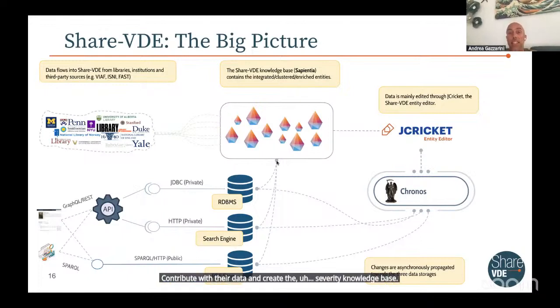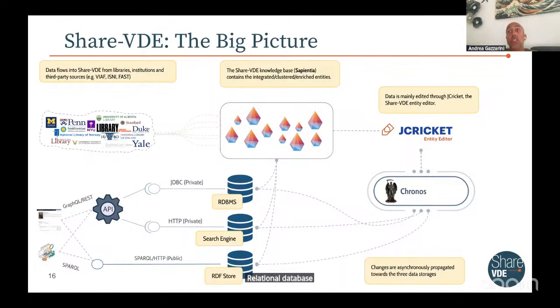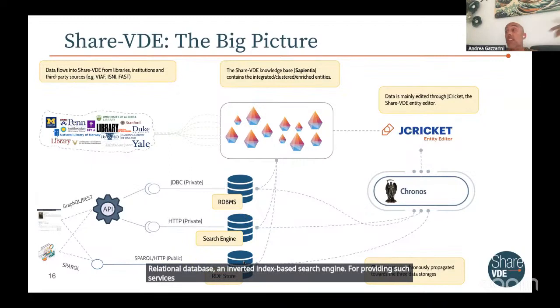The ShareDB knowledge base behind the scenes is composed of different kinds of storage: a relational database, an inverted index based search engine for providing search services, and an RDF store that contains RDF data.